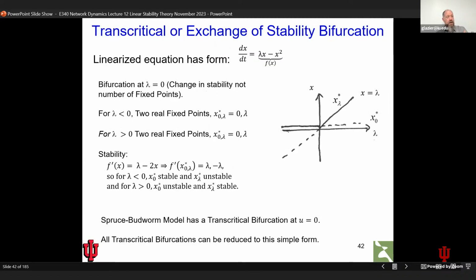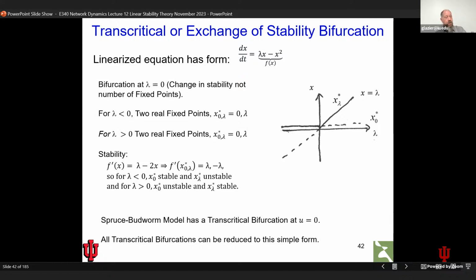So we have dx by dt is equal to lambda x minus x squared, and the sign of the slope changes when lambda goes from plus to minus.